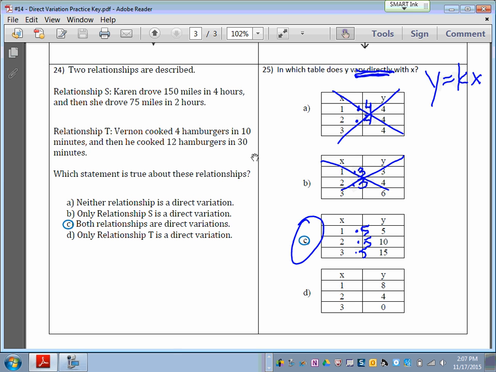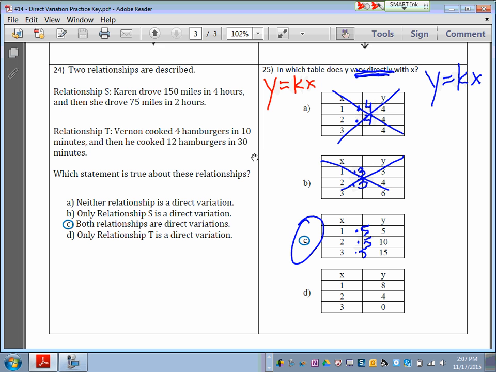Two relationships are described, and it asks which statement is true. We need to decide if they are direct relationships or not. Again, a direct variation follows the format y equals k times x. So I need to see, is the k value the same for each situation?